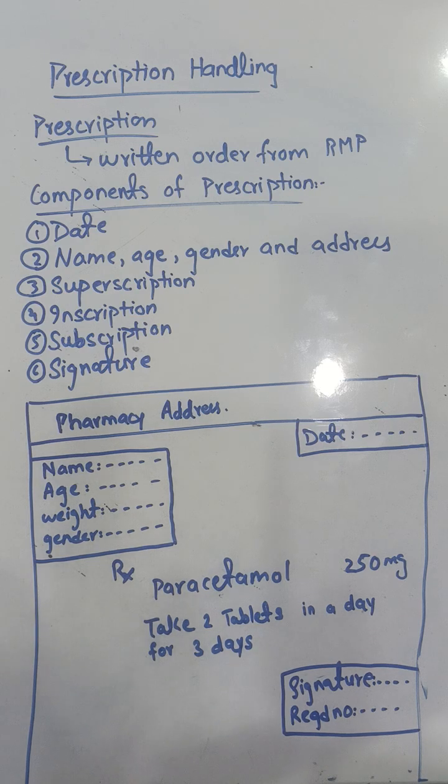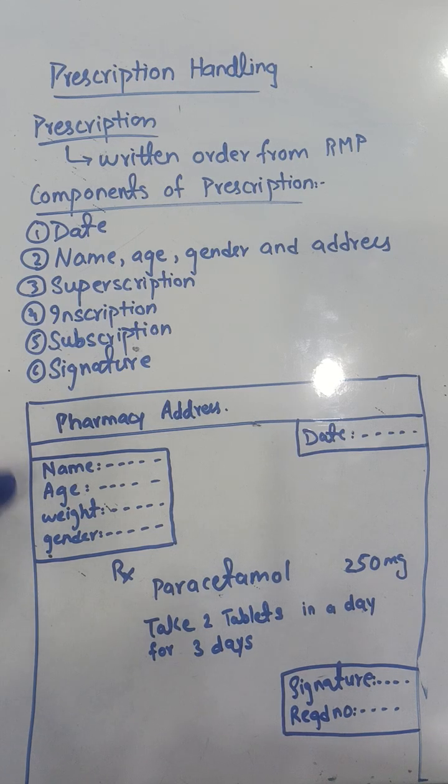Similarly, the gender: most of the drugs are gender based. We cannot give some to females, and sometimes we cannot give a drug to particular male persons. So that's why the gender and the address should be given, so that sometimes we can arrange online delivery of the medication to the particular person at their home. So that's why the address is important here.